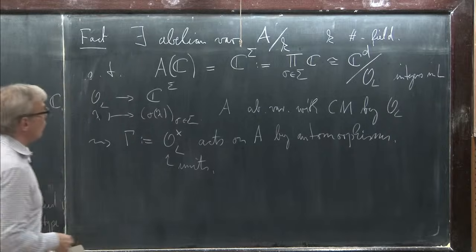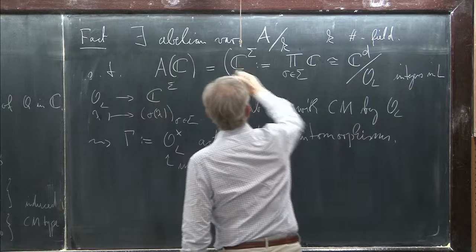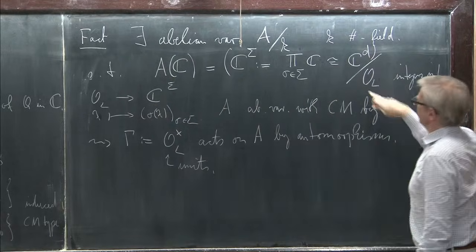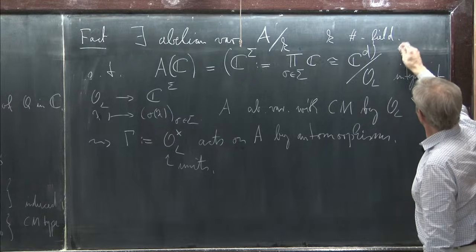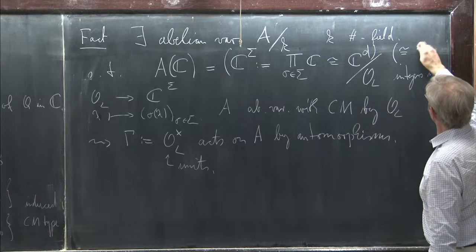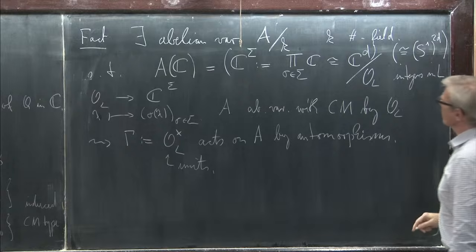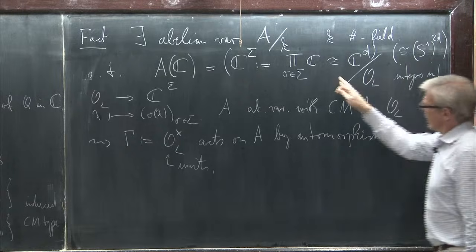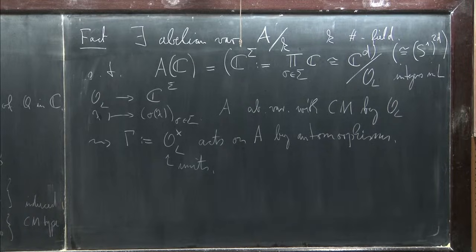Okay, so this abelian variety, this quotient, as a topological or C infinity variety, is of course just 2D copies of the circle. And you might think, okay, why not apply the results I explained on Tuesday in this case?